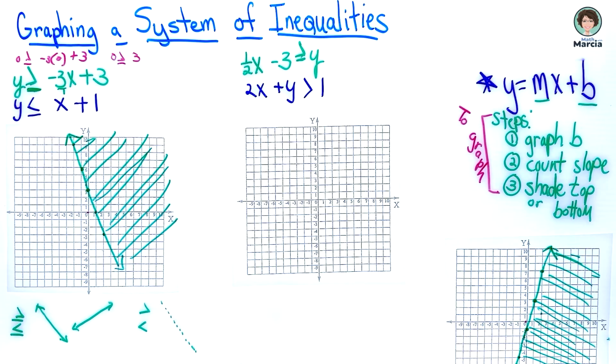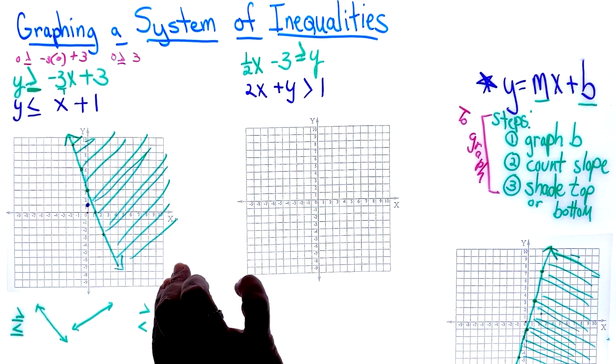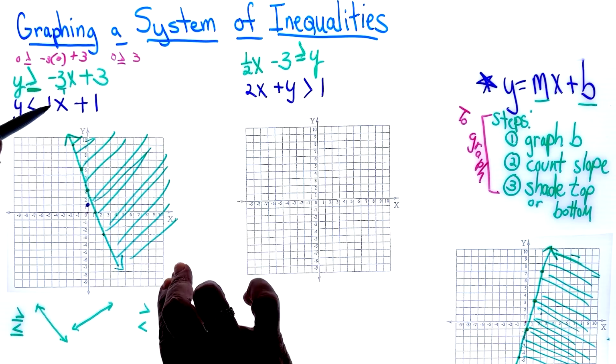Okay, now let's go ahead and do the other one, and the solution is going to be where the two graphs overlap. So we have y is less than or equal to x plus 1. Where the y-intercept is 1, I am putting my point. And notice it's a positive 1 as the slope.